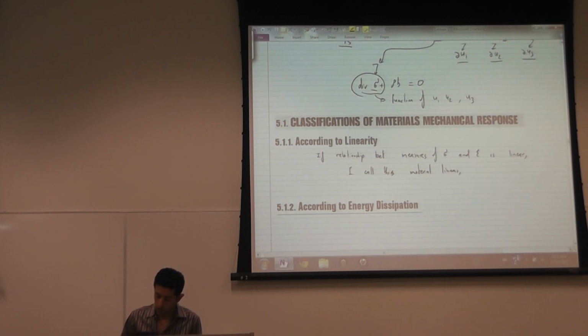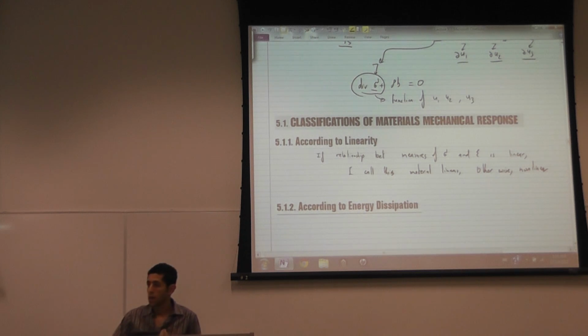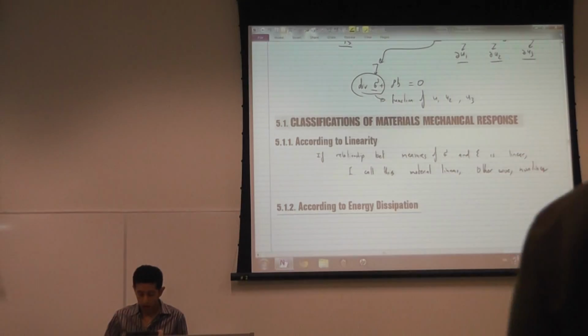Otherwise, I call it nonlinear. Anything else is nonlinear. Now it's very important to realize that linearity and elasticity are not the same thing. You can have an elastic material that is nonlinear.